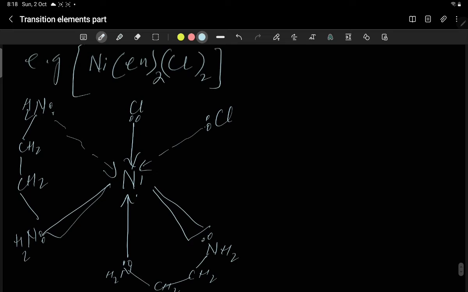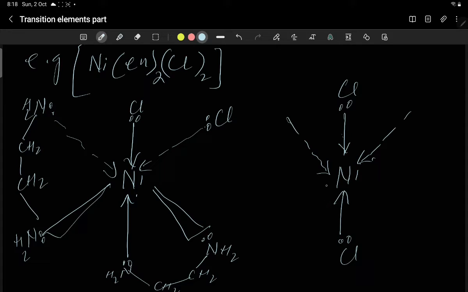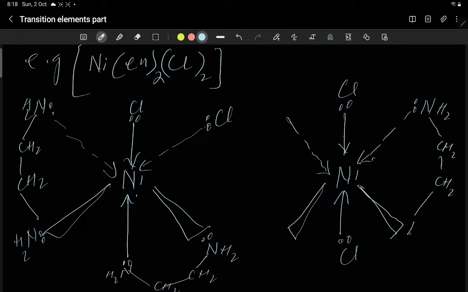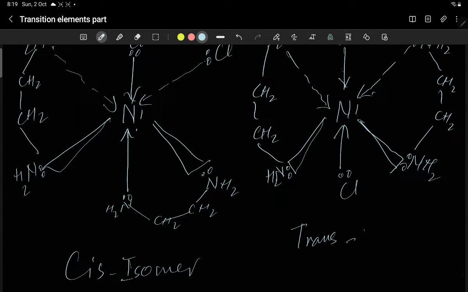And if Cl like this, and this is dotted line, wedge, so N CH2 CH2 N, and other molecules like NH2 CH2 CH2, and this is N. This is trans isomer.